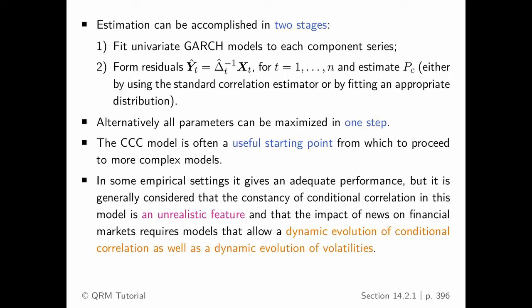This model is very much the starting point from which to proceed to more complex models. And I think it's generally agreed by people who've fitted this model to data that it's not good enough in most cases.